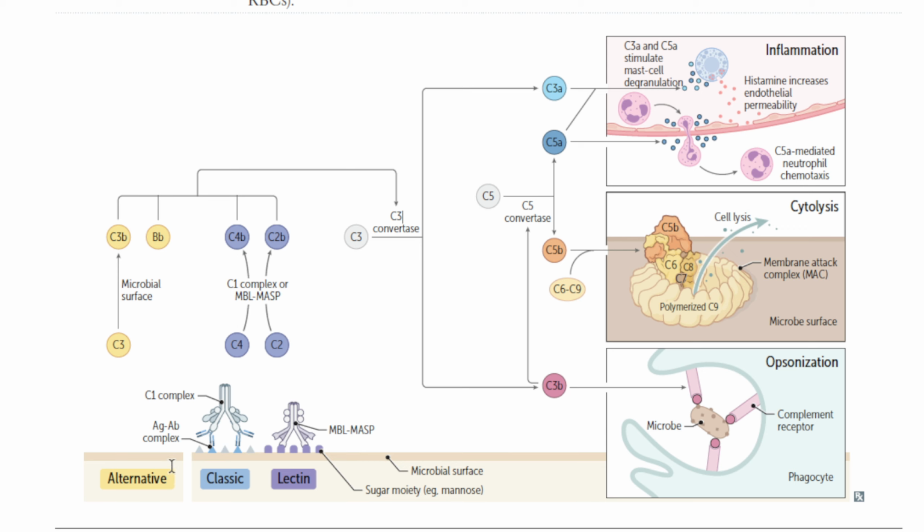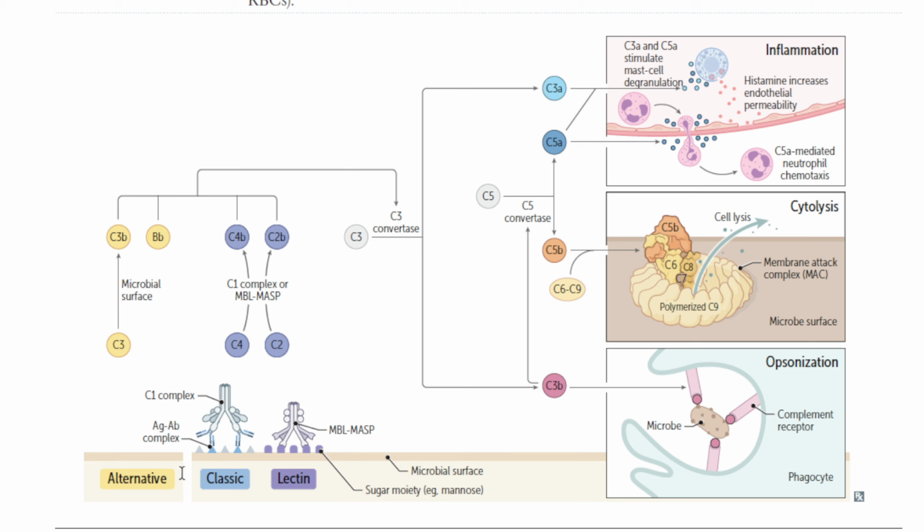The alternative pathway goes into C3. C3 is the common key for all of them. Remember the lectin one, the one with sugar and mannose, you can see here. The classic one, remember classic cars: GM makes classic cars, General Motors, so immunoglobulin G and immunoglobulin M.